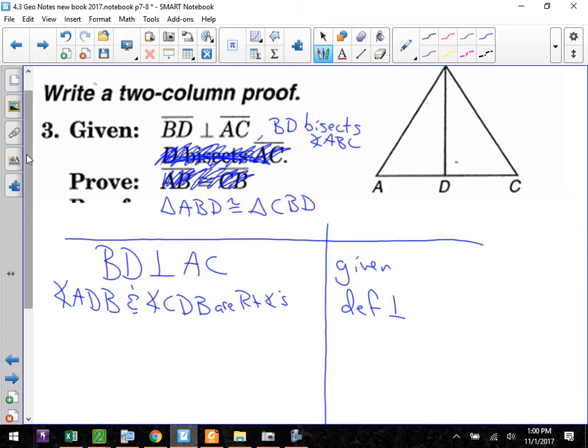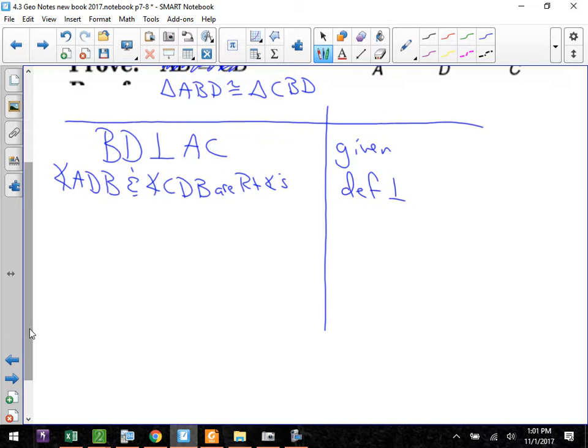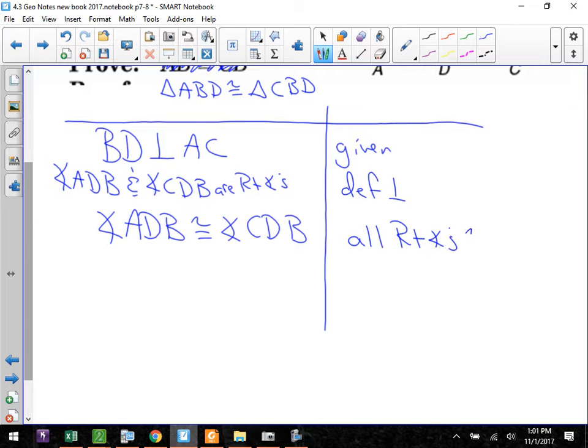Your progression sheet says you have right angles. Your progression sheet now says to say that they're congruent. So right away, once you have that perpendicular, you've got two next steps.